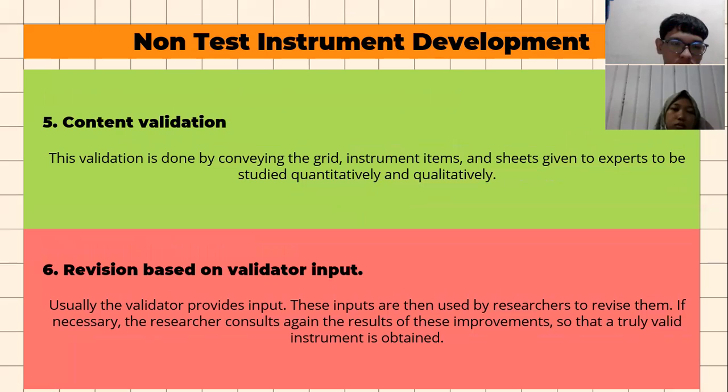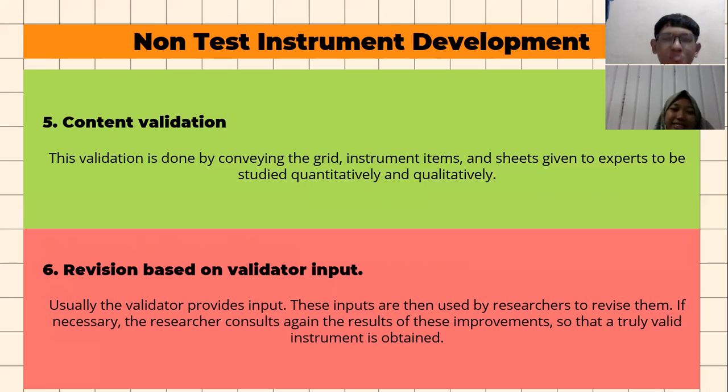The fifth step is content validation. After the items are arranged, the next step is validation. This validation is done by conveying the grid, instrument items, and sheets given to experts to be studied quantitatively and qualitatively.